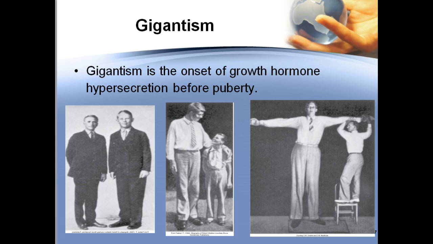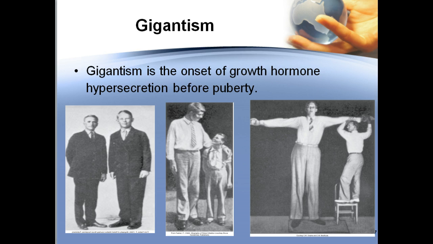So that's why you'll see those people with gigantism, because of the growth hormone, which is produced in the anterior pituitary, and when you have hyperpituitarism, it's going to produce more of that.